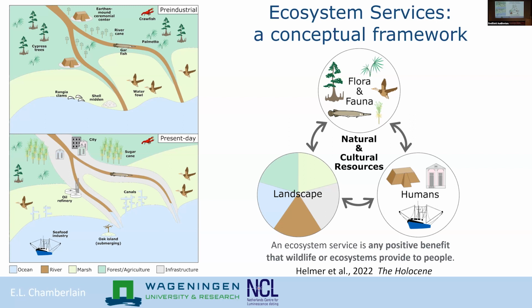So when we look at restorations and applying natural processes to understand landscape change and to engineer sustainable landscapes, it could be really useful to consider the flora and fauna, people, landscapes, and the different components of the landscape, and how all of these different resources and attributes interact with each other.